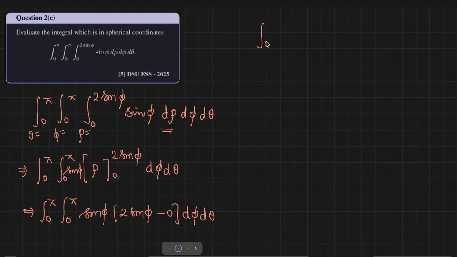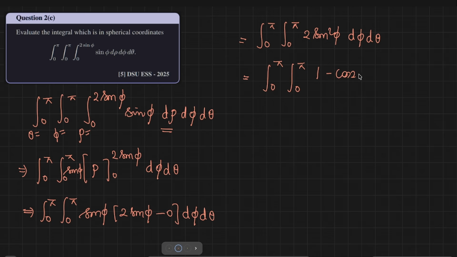We will solve this from 0 to pi, 0 to pi. Now it is sine square phi d phi d theta. How to solve this sine square phi? We all know the sine square phi formula from cos 2 phi. So this is 1 minus cos 2 phi over 2, and this 2 is outside, d phi d theta.